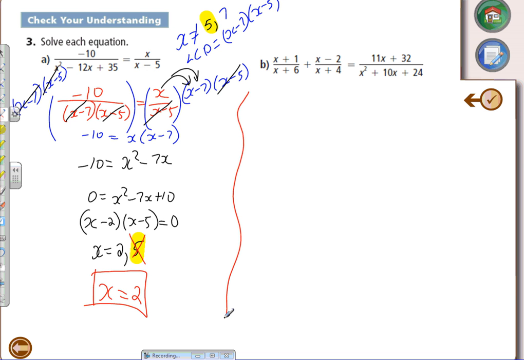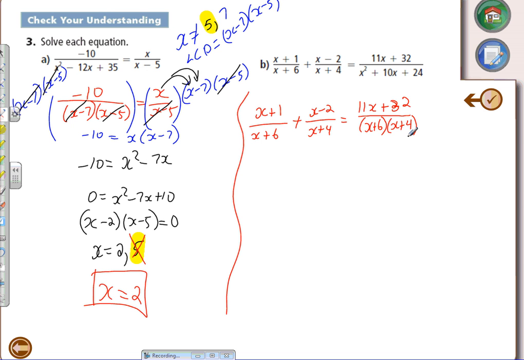Last one. Factor, then multiply everything by the LCD. Try it yourself. This is a big, long one. If you can do this one, you can do them all. So the factored form of that is (x plus 6)(x plus 4).